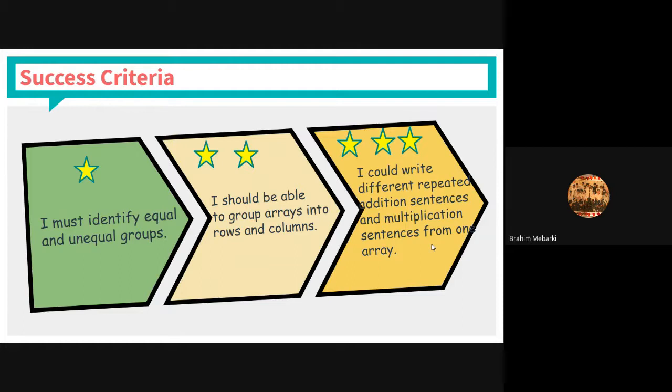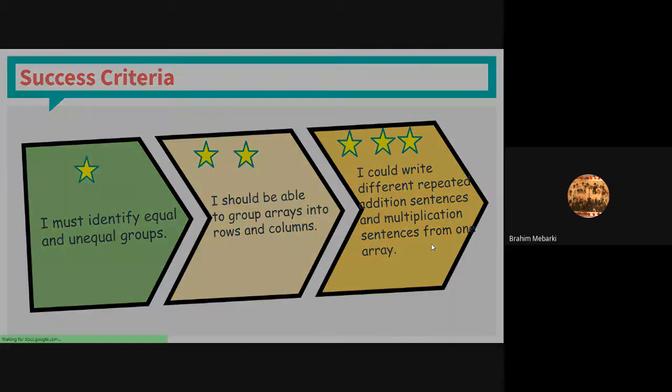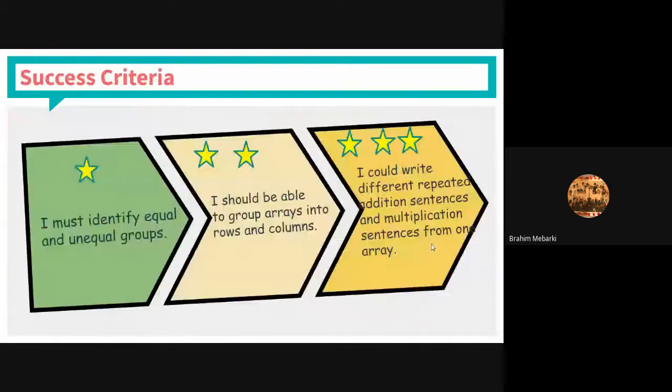It means we give you one array and you can generate 3 multiplication sentences or one addition sentence. I will show you how to do this. So by the end of the lesson, hopefully all of you will be able to get 6 stars in total.